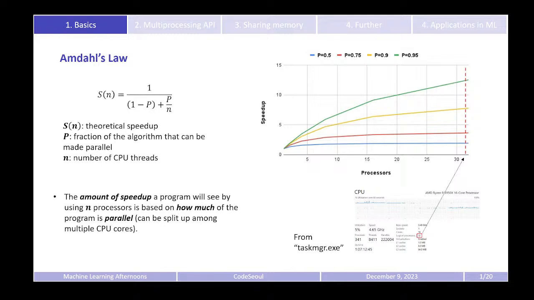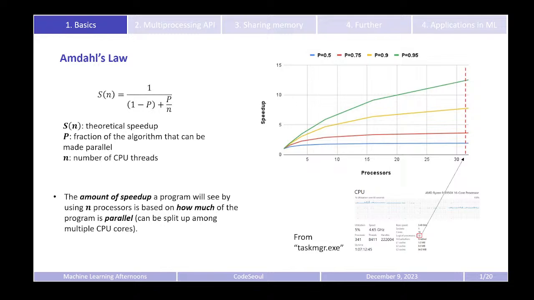Here I also made a graph yesterday to show, based on this equation, if we assume 50% of our code can be parallelized, and then 75%, 90%, 95%, what is the maximum speedup I can gain from my processors?